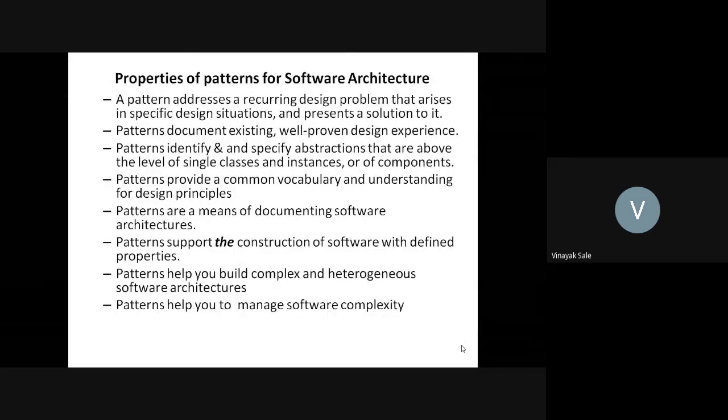So what are the properties of patterns for software architecture? There are a total of 8 properties. First, a pattern addresses a recurring design problem that arises in a specific design situation and presents a solution to it.